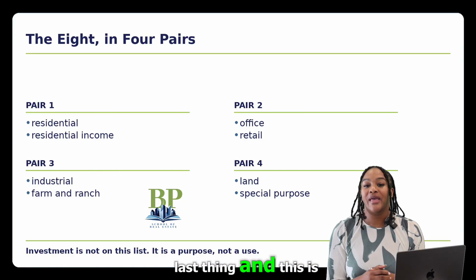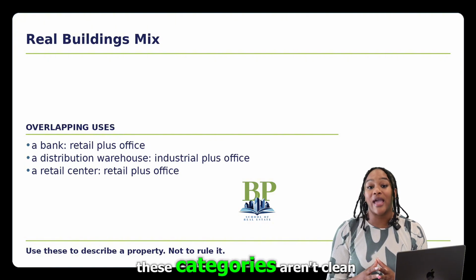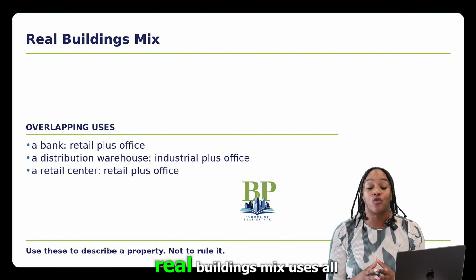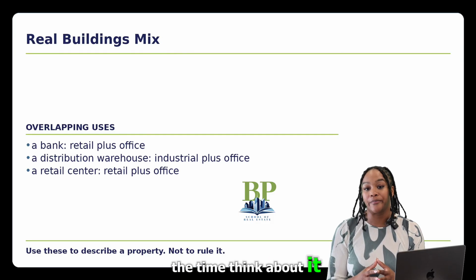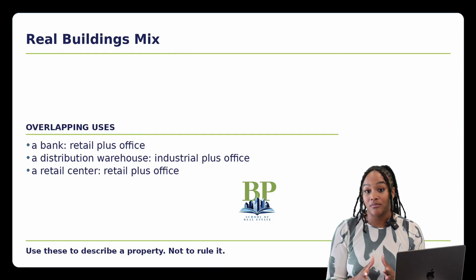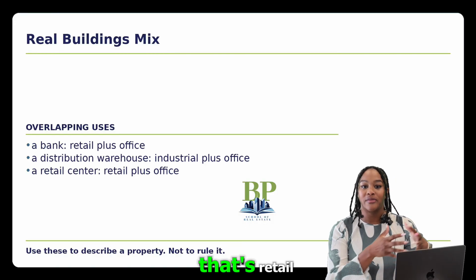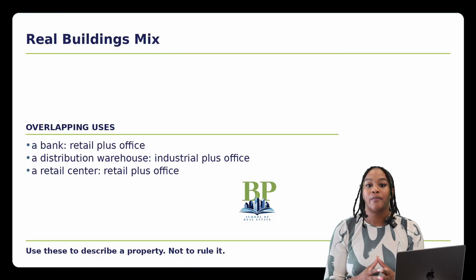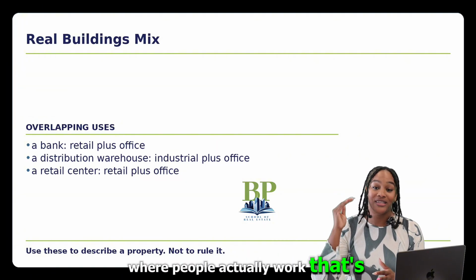Last thing, and this is the kind of detail a test writer loves. These categories aren't clean. Real buildings mix uses all the time. Think about it. A bank. There's a lobby where customers walk in. That's retail. And the floor upstairs where people actually work, that's the office.